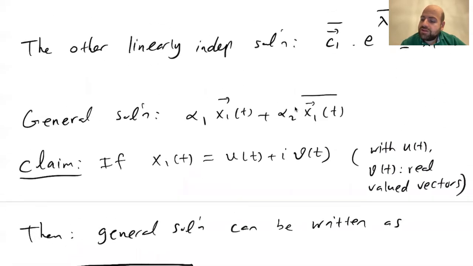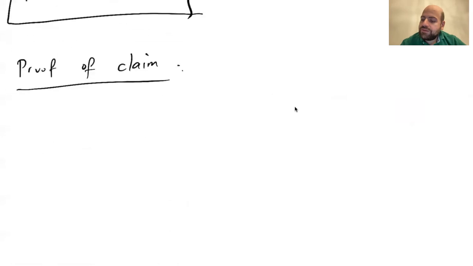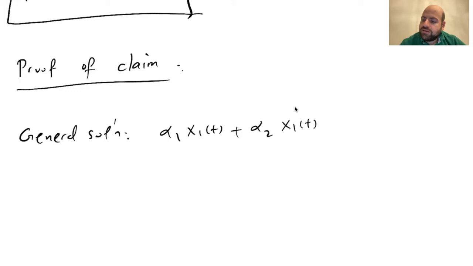So see, this is the general solution. I know that general solution is linear combination of linearly independent solutions, which are X1 of t and X1 of t bar in this case. So general solution, I can write it as alpha 1 X1 of t plus, let's say, some alpha 2 x1 of t bar.